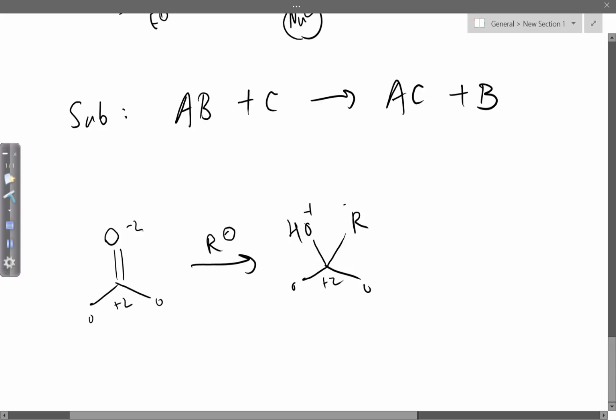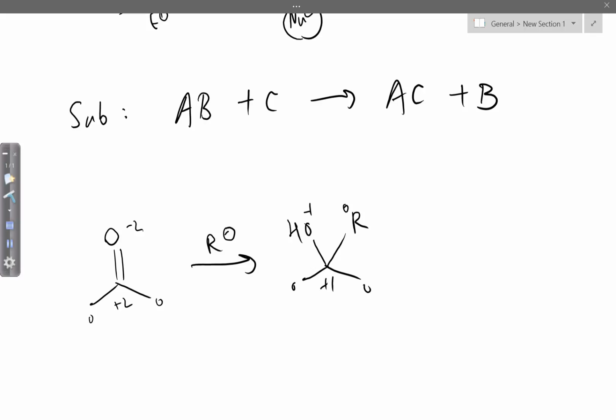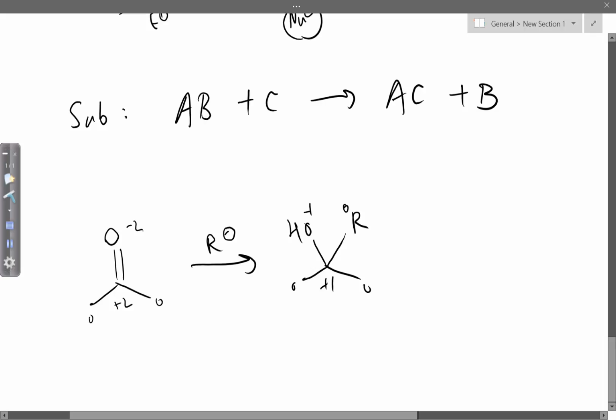Let's say this is carbon, so it's still 0. Here becomes plus 1. It becomes a reduction, right? So it all depends on what the nucleophile is. For this, the oxidation state can be no change, reduced, or increased. We don't classify it as an oxidation or reduction, right? We classify it as a nucleophilic addition because this is not confirmed reduction, right?